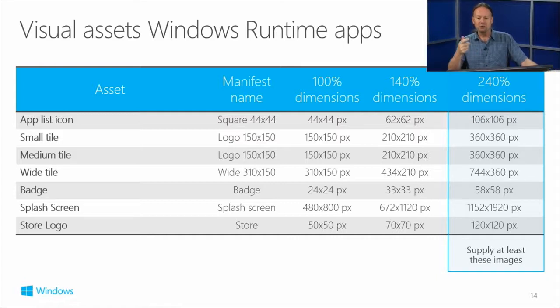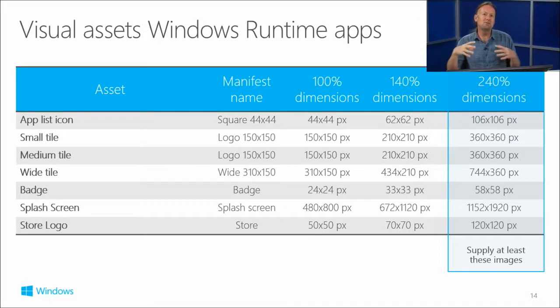Just to remind you, if you're wondering what I'm talking about with scale factors, this is the scale factor. Actually, it relates to the physical size of the device. Scaling factor, it's a complicated calculation figure that looks at the actual resolution of the device and the physical size of the device and the viewing distance. But essentially, all you need to know is that the scale factor that gets applied roughly aligns to the physical size of the device.